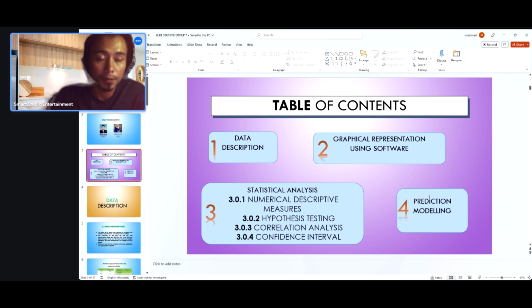Number one is data descriptions, two is graphical representations using software, three is statistical analysis: 3.0.1 numerical descriptive measure, 3.0.2 hypothesis testing, 3.0.3 correlation analysis, 3.0.4 confidence interval, and the last, number 4, prediction modeling.